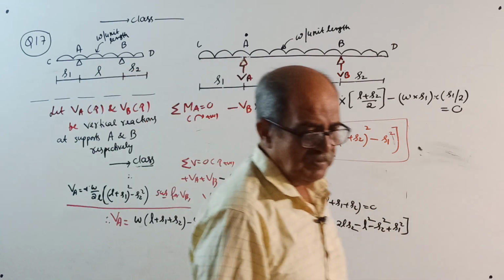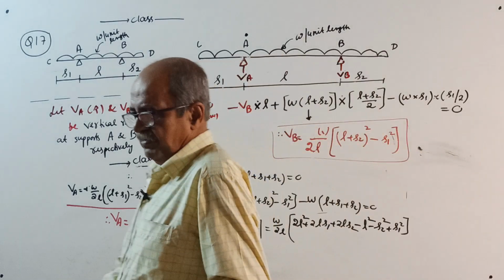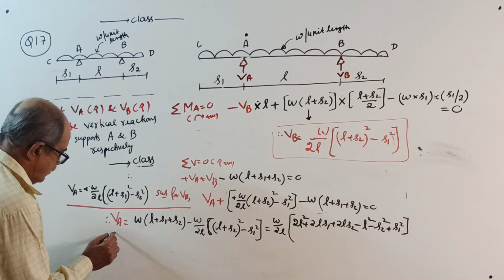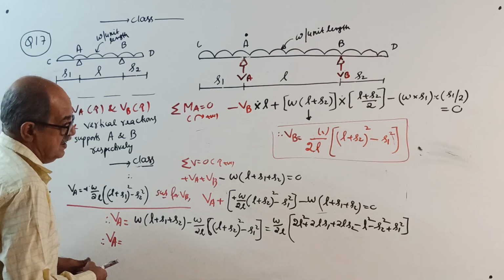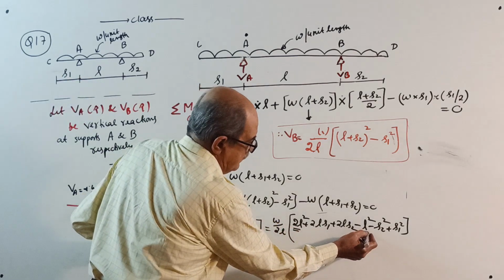One minute, space problem. If required, I have to encroach a little further down, or I have to go to the other side. Oh, I can manage. One more line is possible. Okay, I will simplify. Therefore, your VA equal to, see here, 2L square minus L square.